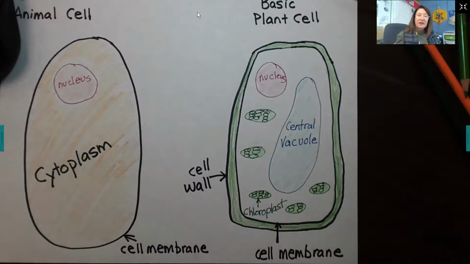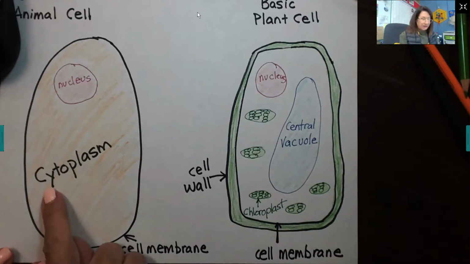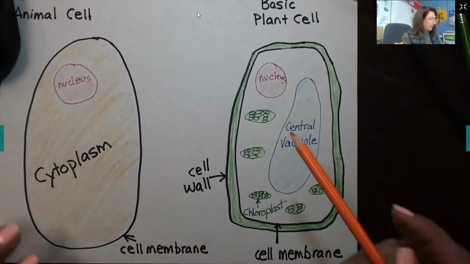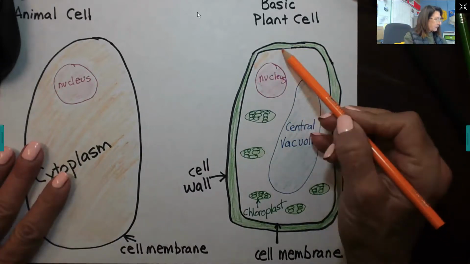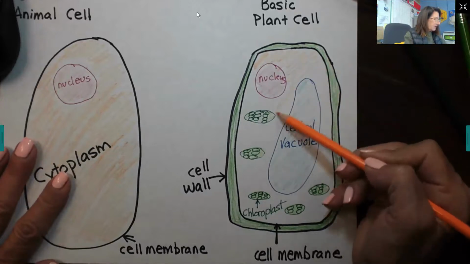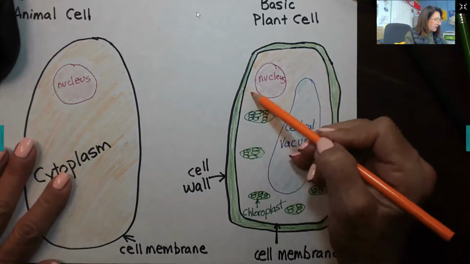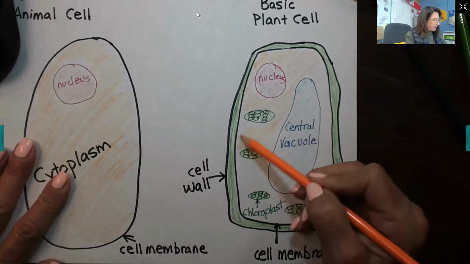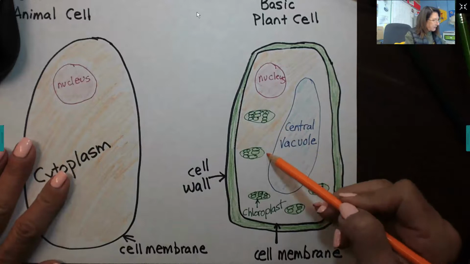Okay, and the only thing that we have left that we have in the animal cell is this cytoplasm. So we're going to add cytoplasm into our plant cell. So I'm just going to use the same color. It's still like that jelly-like substance that is going to keep everything in place.